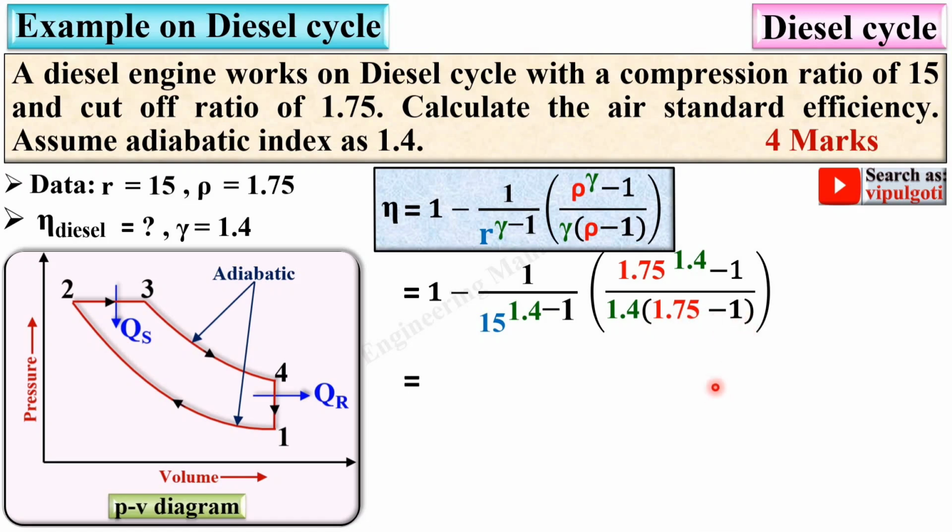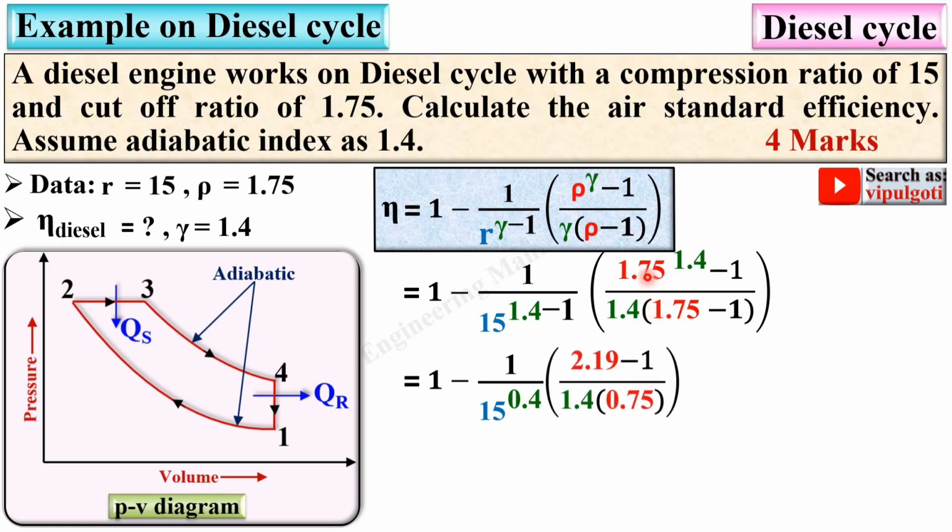Now simplify this equation. So first I am going to simplify this one. So here you can see 1.4 minus 1 means 0.4. In the bracket I am going to simplify this one. 1.75 to the power 1.4 means it is 2.19 minus 1 as it is. Again here you can see 1.75 minus 1 means 0.75.